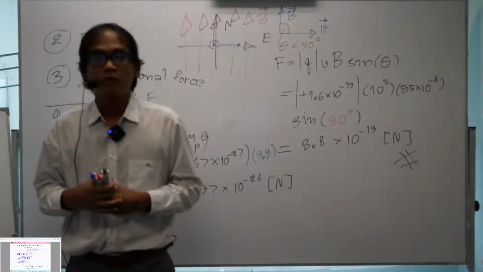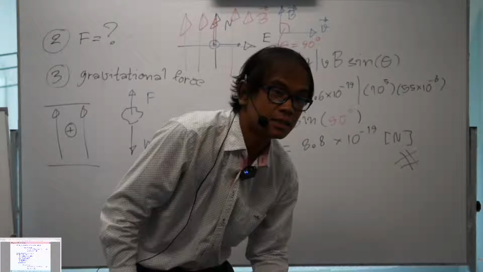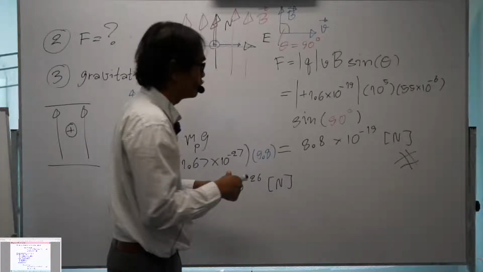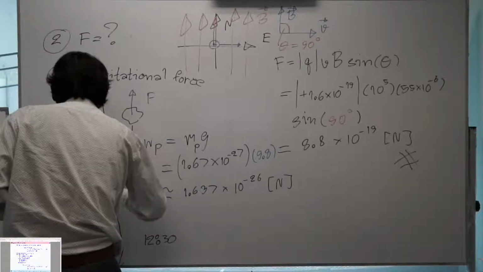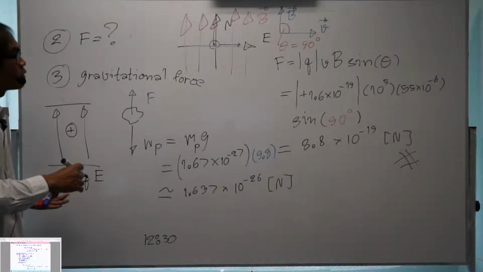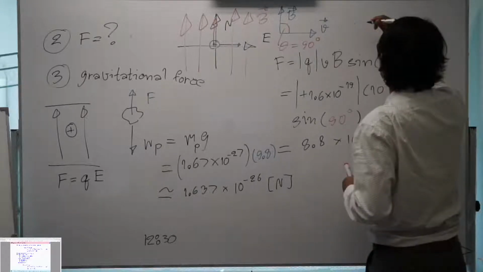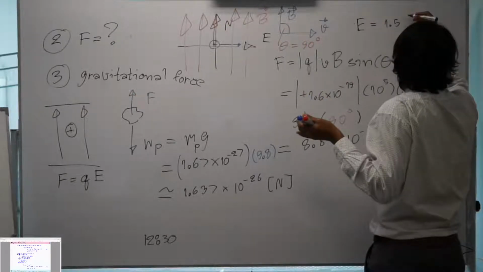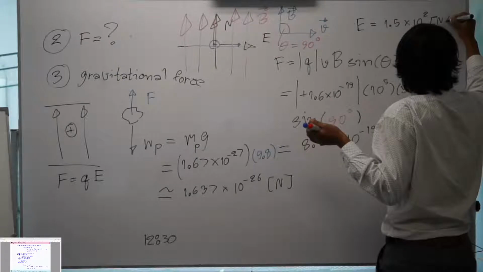The formula for the electric field force is just F equals QE. Sorry, it's not W. I have to change it. F equals Q and E. Okay, and what is E? E is the electric field strength, which is 1.5 times 10 raised to the power of 2 Newton per Coulomb.